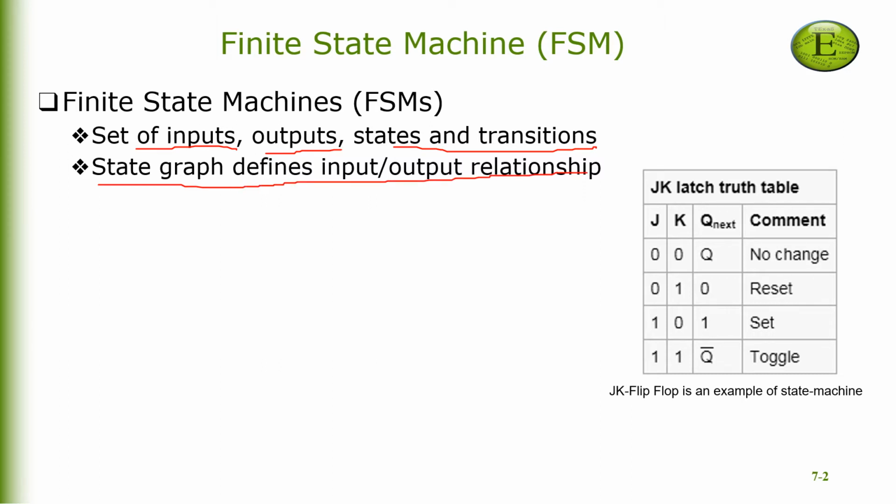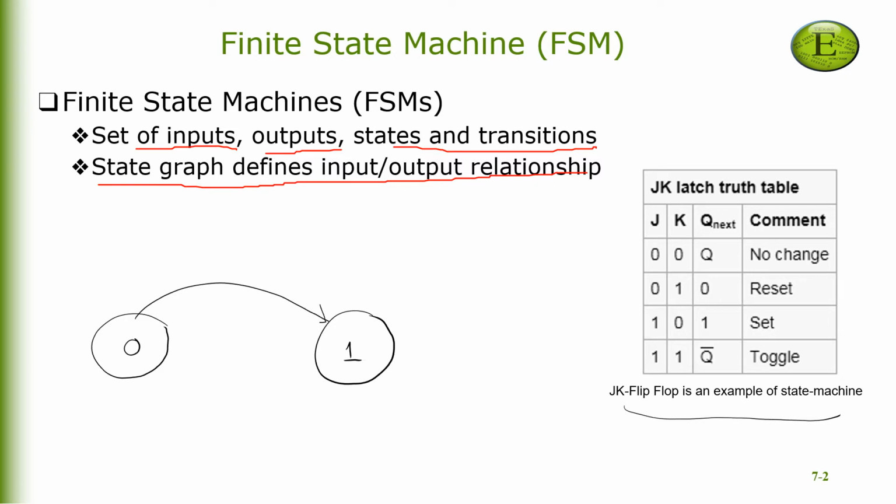Let me give you an example of a finite state machine that you're already familiar with. This is an example of a JK flip-flop. In a JK flip-flop, the output of the flip-flop can be either 0 or 1. And we know how to transition from the output state 0 to 1, and that can be inferred from the truth table.